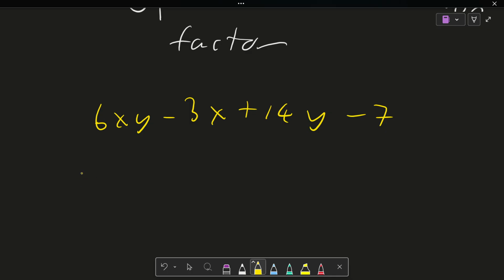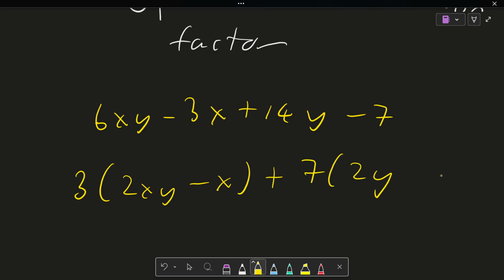Here we take 3x multiplied by 2y minus 1, plus, here you can take out 7 multiplied by 2y minus 1.